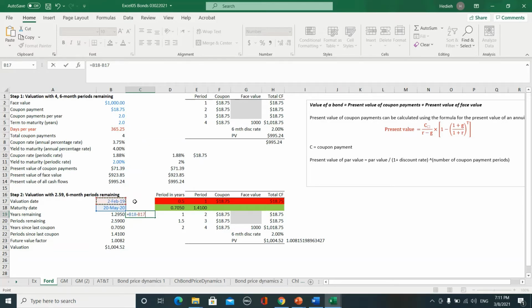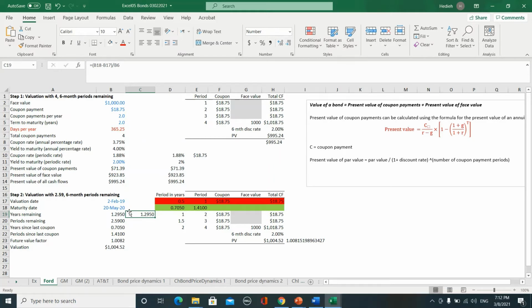This gives you the number of days between these two dates, right? And then divide it by the number of days in a year. We are assuming we have 365.25 days in a year, and then click enter. So how many years are remaining till maturity? 1.295.